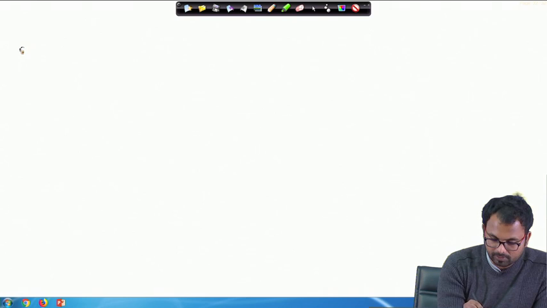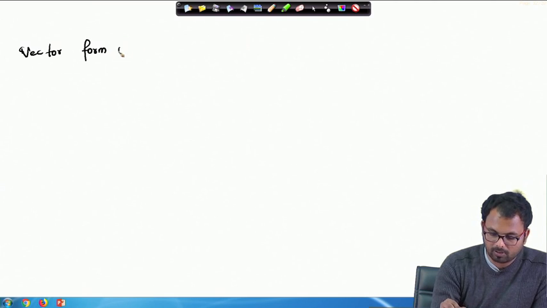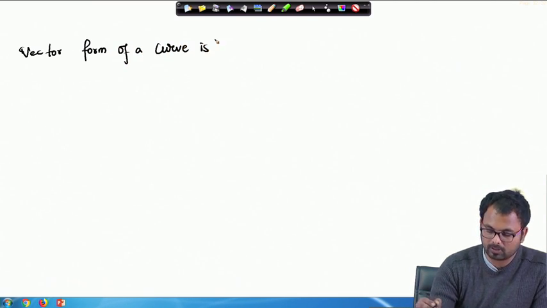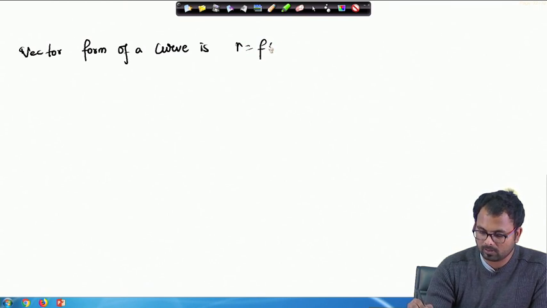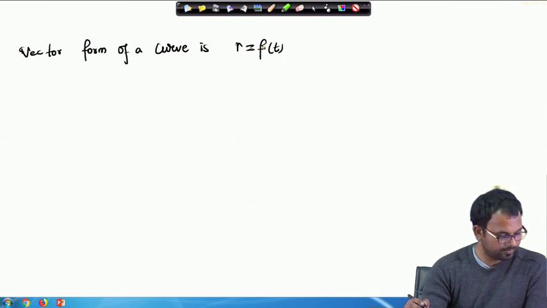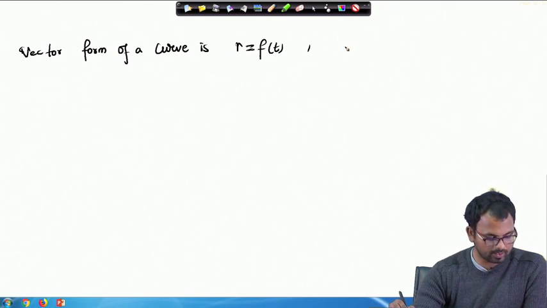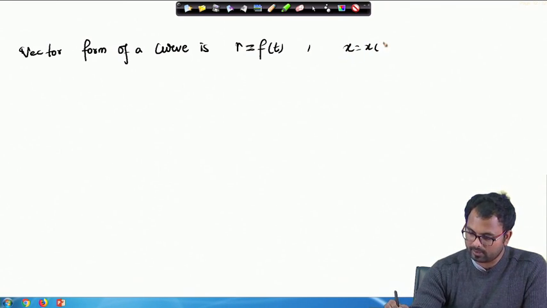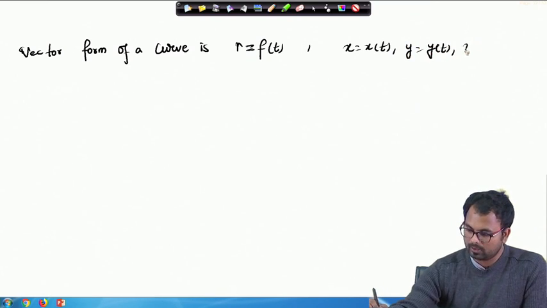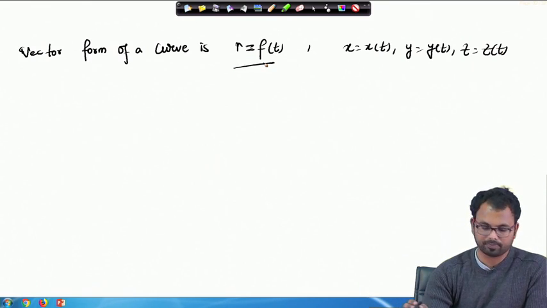So, the vector form of a curve is r equals f of t, and then we can write x equals x of t, y equals y of t, and z equals z of t. This is the Cartesian form, this is the vector form, all right.